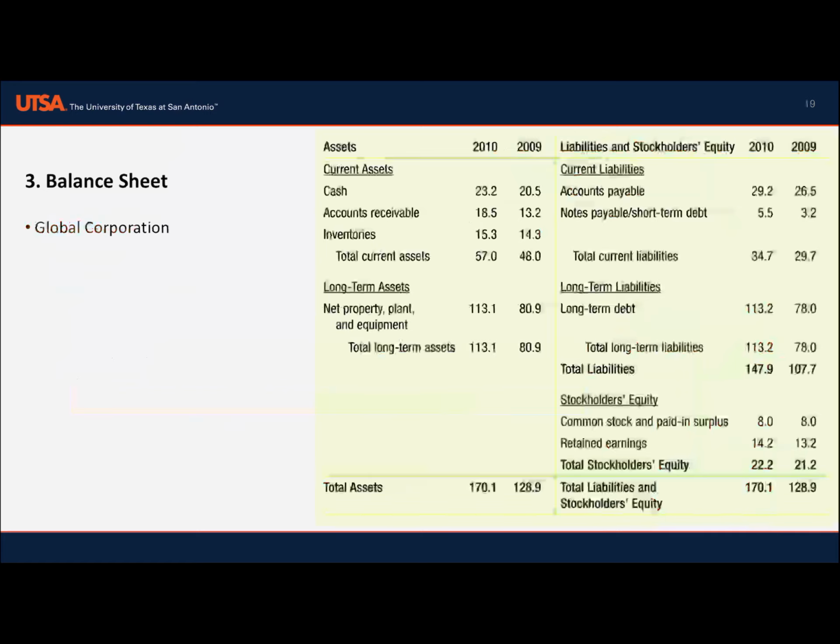As you see, this is the balance sheet of a global corporation. Assets for 2010 and 2009, liabilities and stockholders' equity. This here until here is liabilities, and the stockholders' equity is here for 2 years, 2010 and 2009.